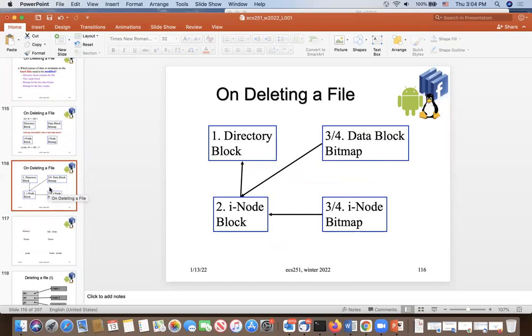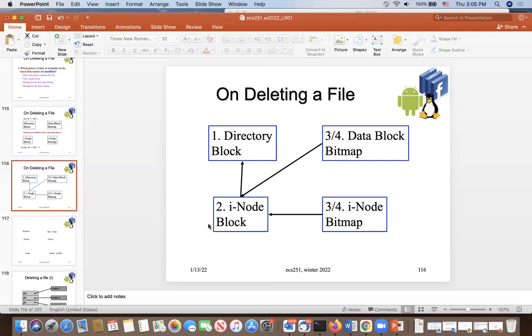The discussion is about deleting; creating a file is somewhat different. But for deleting a file, I just want to make sure all of you understand this concept of ordering, which block needs to be written back from memory to the hard disk. This order is important.